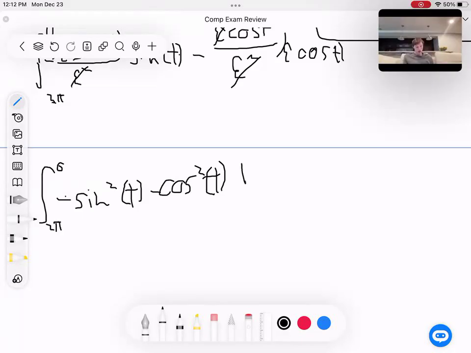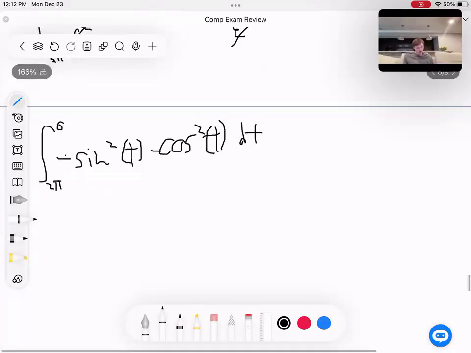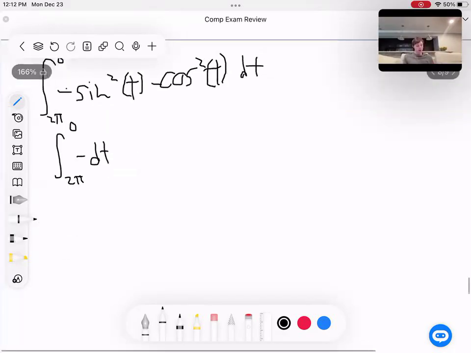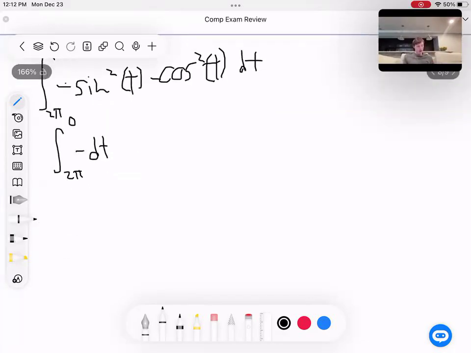So essentially, this is going to be equal to the integral from 2 pi to 0 of negative dt. But because we like to integrate from a lower bound to a higher bound, we can switch that and it'll turn negative. The two negatives are going to cancel out, and that is just going to become the integral from 0 to 2 pi of just dt.